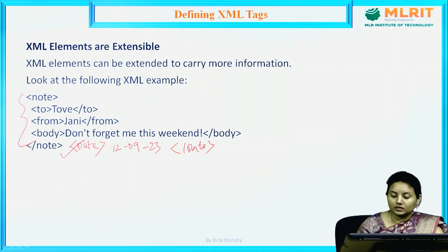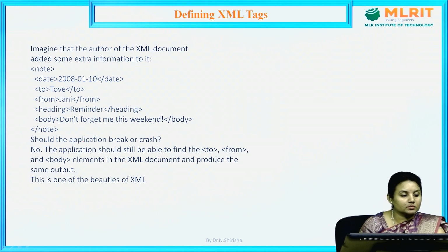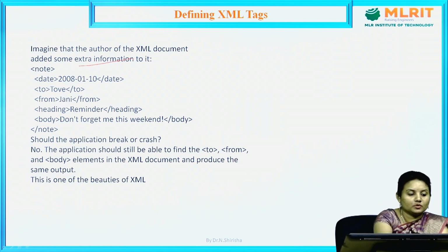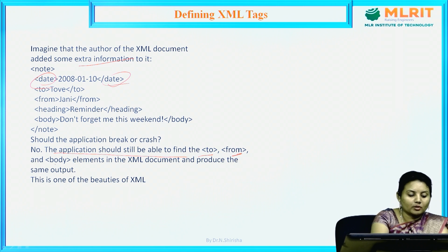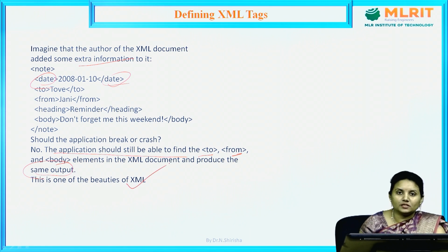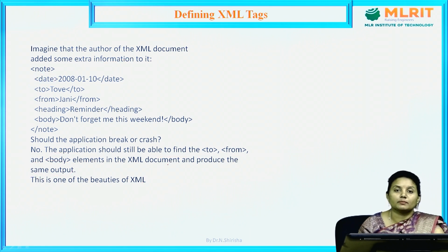It will not give you any error. So here the author of the XML document added some extra information, some date they have given. Whether it should give you the output or not, obviously it will give you the output. The application should still be able to find the to and body elements and produce the same output. That is also one of the advantages that you have with an XML document.